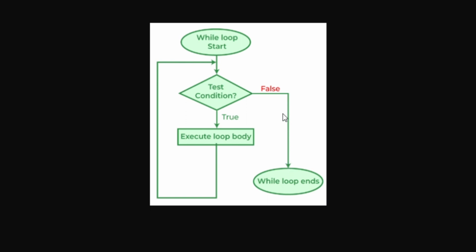Before this, I want to talk about the topic called infinite loop. Let me explain in this diagram. The while loop starts over here and you give the test condition here. An infinite loop only happens when you give a test condition which is always true. So it will go into the true branch and execute the loop body, which is like, let's print this.